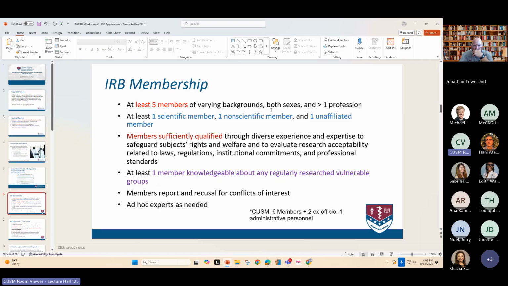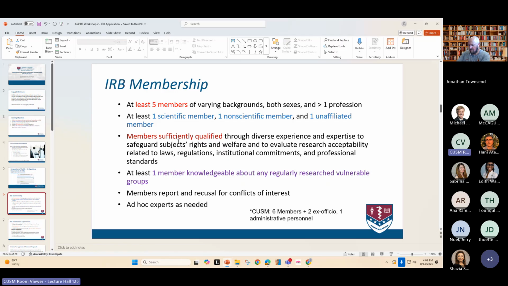So what you'll see here is that this allows for a small, very modular committee that can operate on many different perspectives in order to consider and review these applications and protocols for research. At least one scientific member must be present, one non-scientific member, and one unaffiliated member.